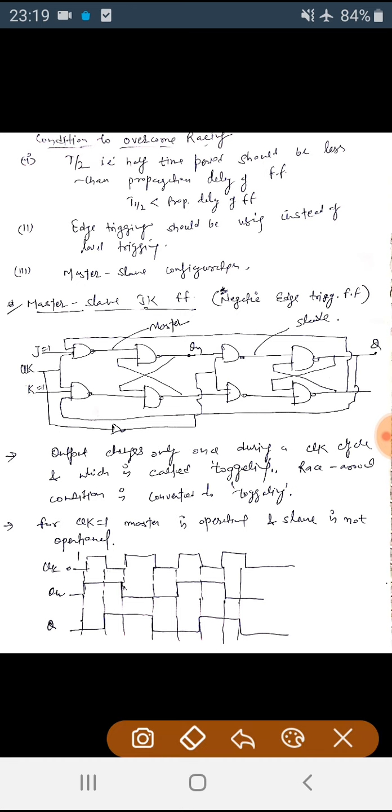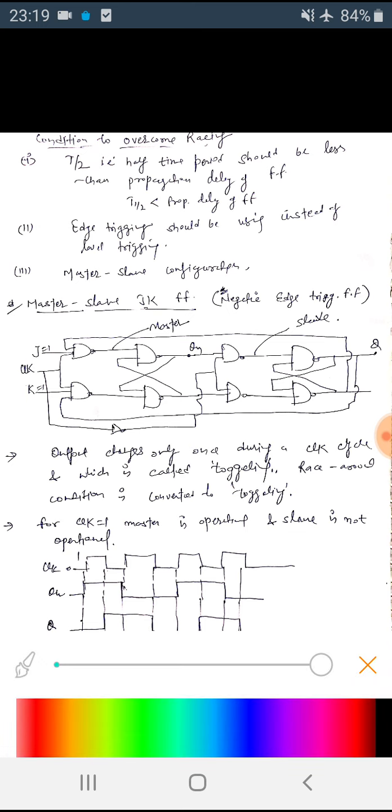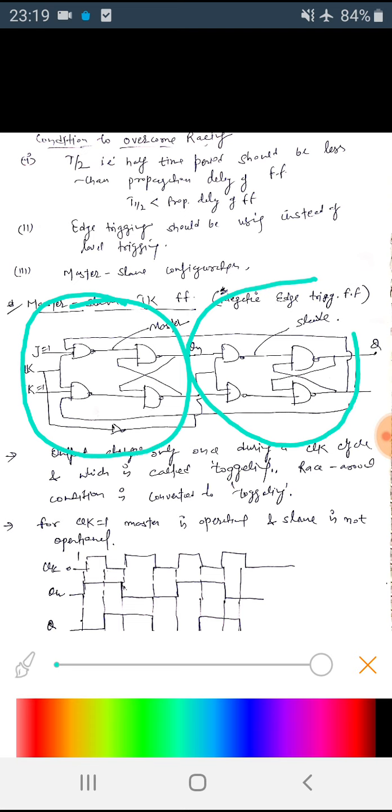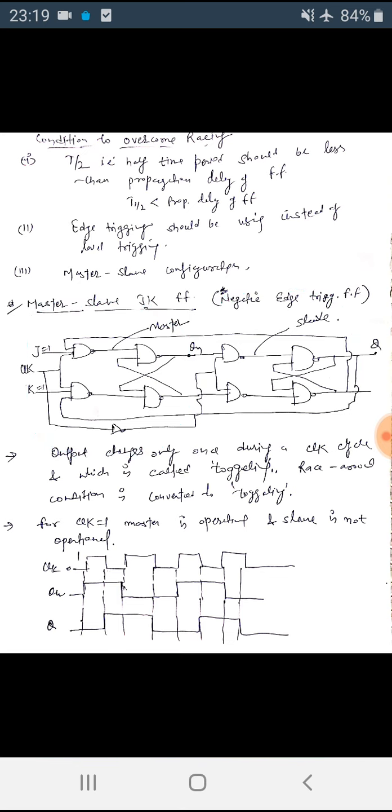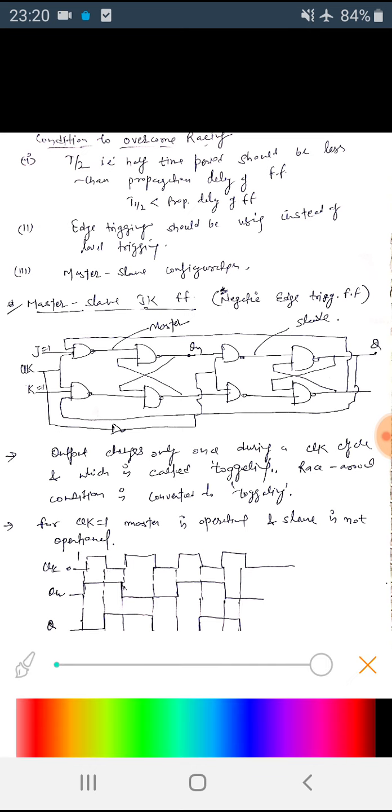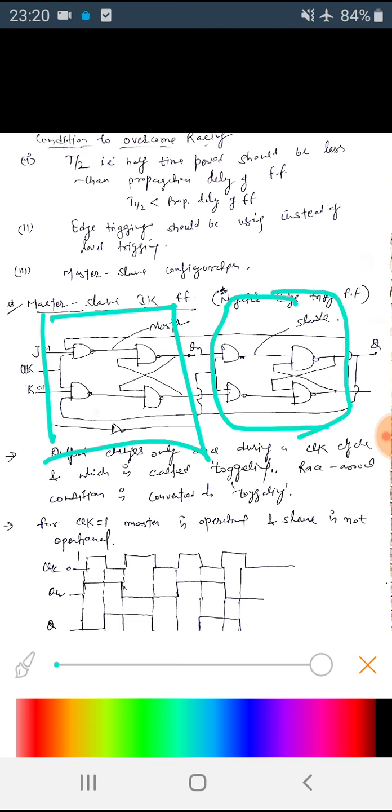In this circuit, as we can see, we are using 2 JK flip-flops connecting back to back. The difference is that this is the master flip-flop, master JK flip-flop, and this is the slave.